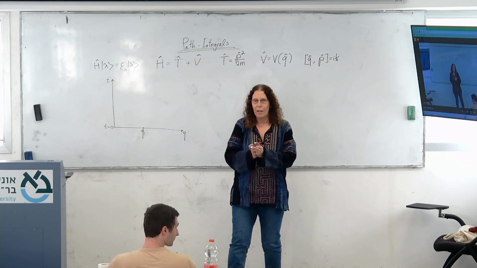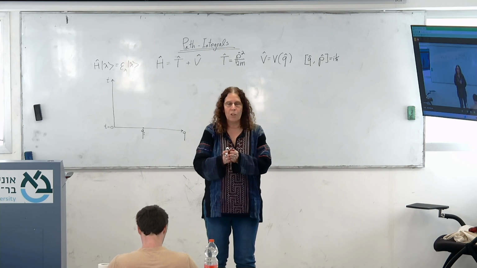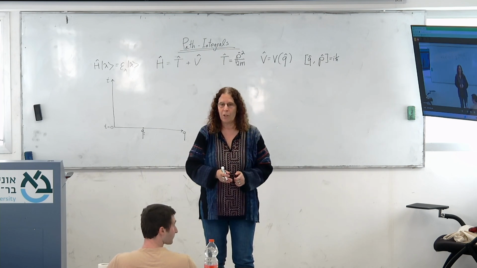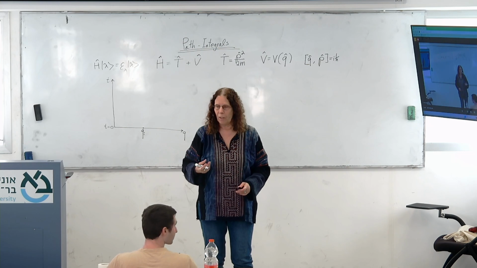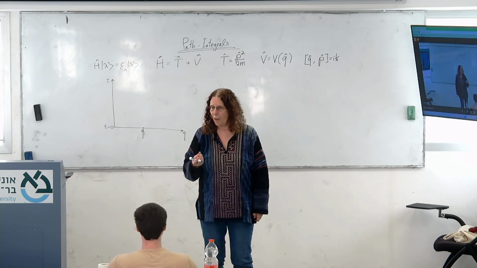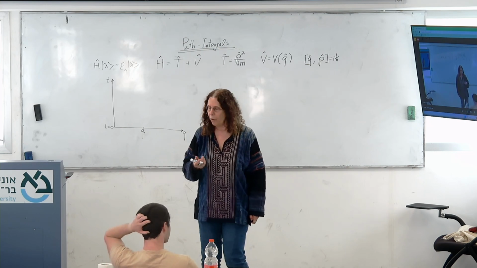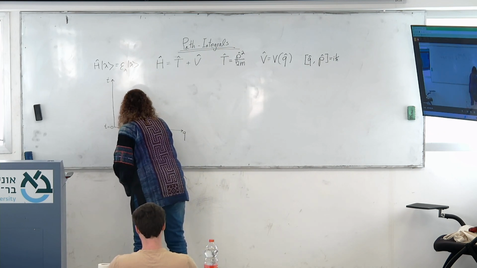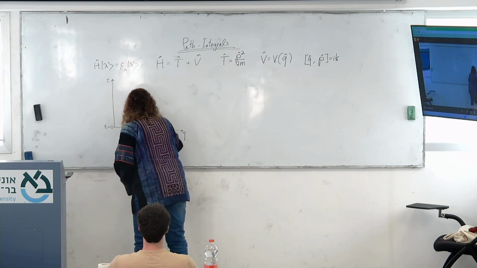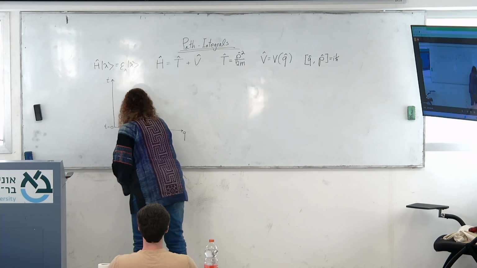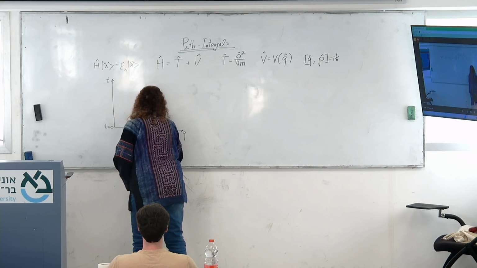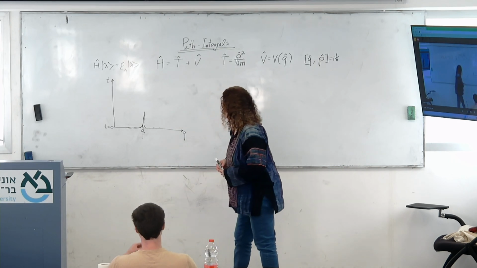And we prepare a state that is completely localized at q_i. So its initial wave function is a Dirac delta function. Okay? So this is how it looks like. More or less, it's a delta function localized at q_i.